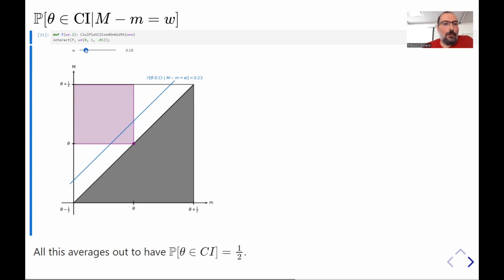When the difference between big M and small m is very small, there is a wide range of possibilities, but with very small probability you will have theta in the confidence interval. And as soon as big M minus small m is greater than 1/2, you are sure that it's in the confidence interval. All this averages out to ensure that the global probability is 1/2, but that's the only thing that the procedure guarantees to you.